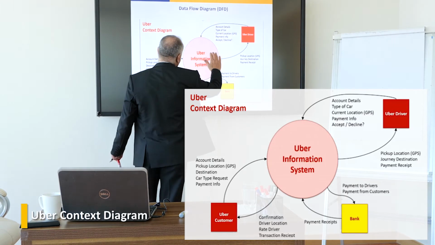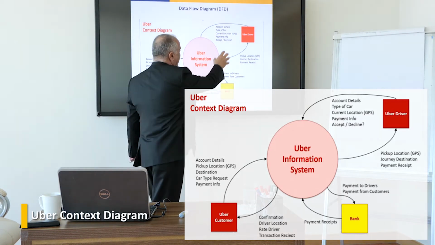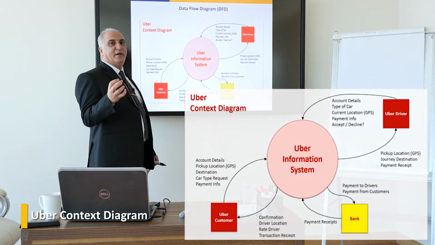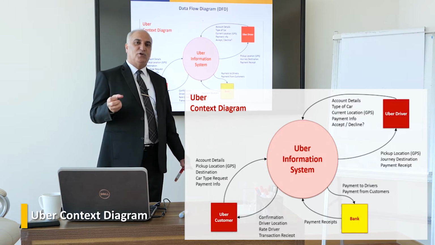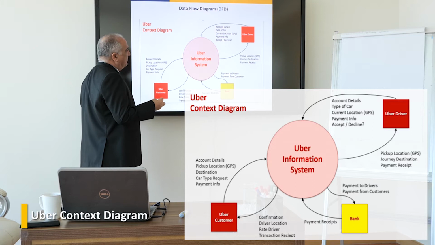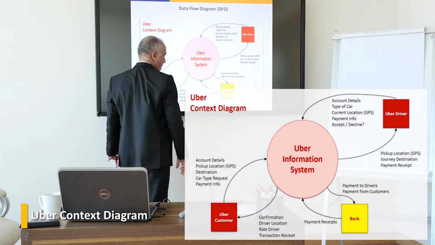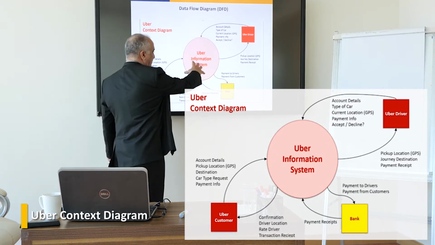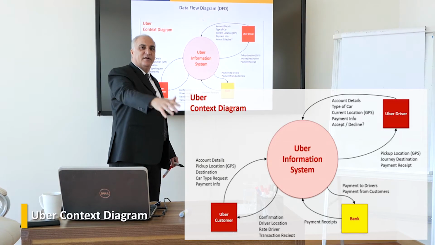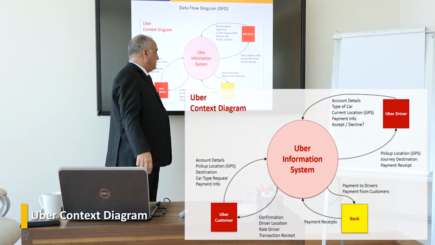And this is the higher level, the context diagram. Here is the system, and here are the external entities that the Uber information system is going to interact with. So let's understand this in a very simple form. This is an Uber information system, and put this in your mind: it can be broken down into another level, and another level, meaning sub-processes.